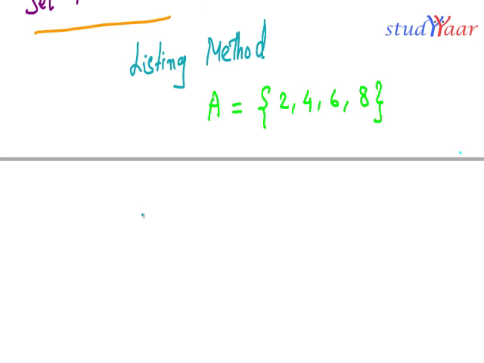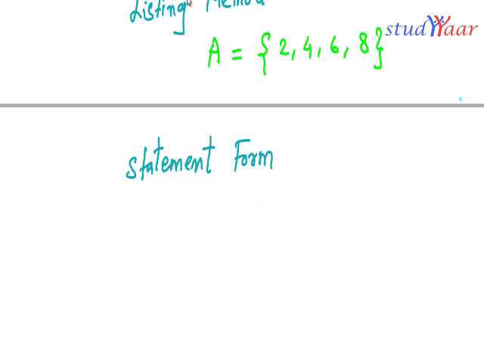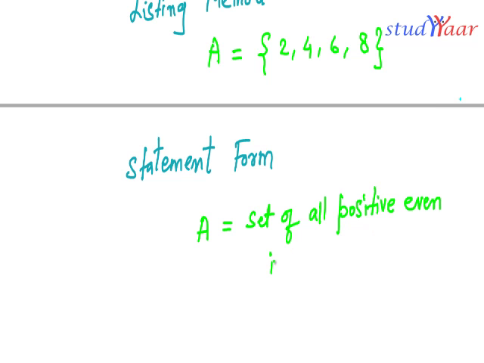So another notation is the statement form, which I can write like this. I can say that A is equal to the set of all positive even integers less than 10.